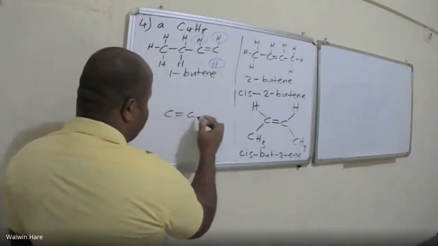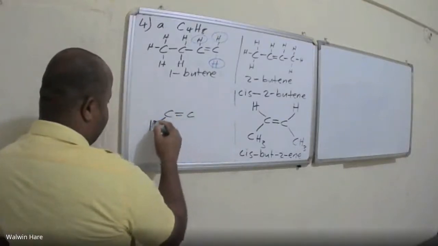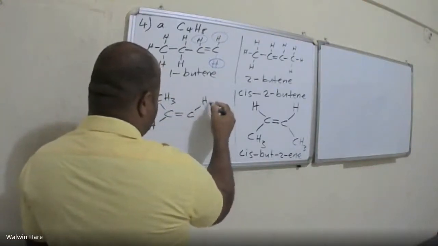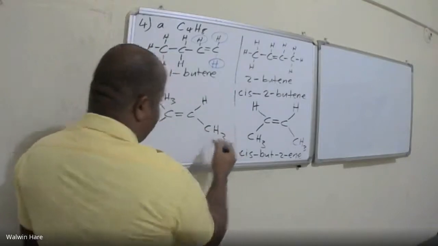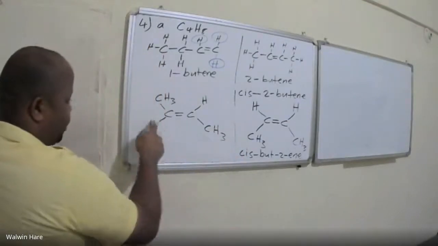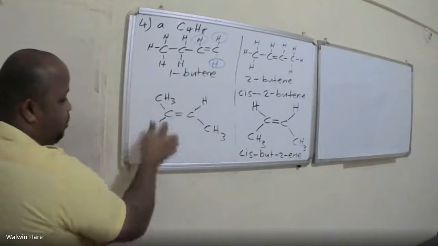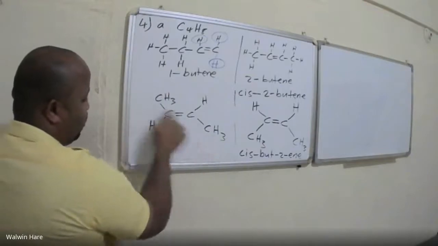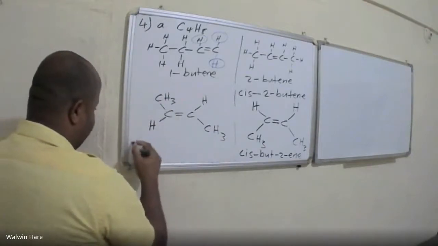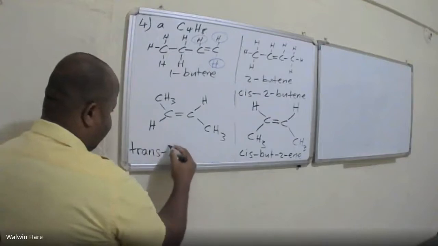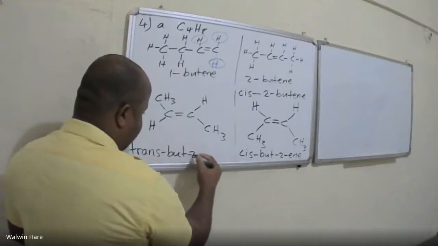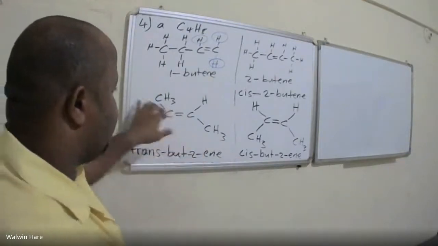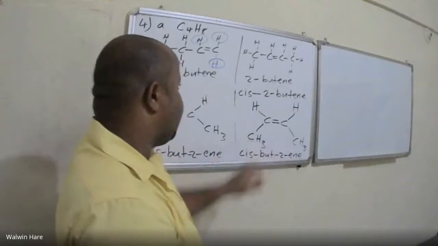So for the trans now, as you can see, from the perspective of the hydrogens, they are on opposite sides, and the methyl groups are also on opposite sides. So this is trans-but-2-ene. Trans means opposite sides, cis means same side.